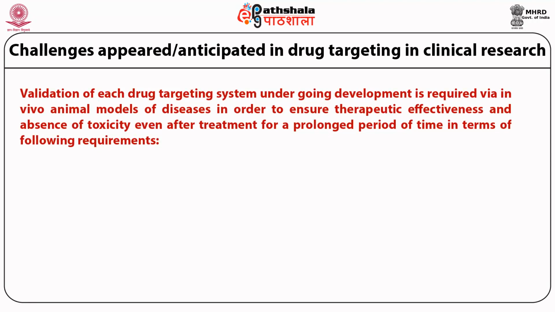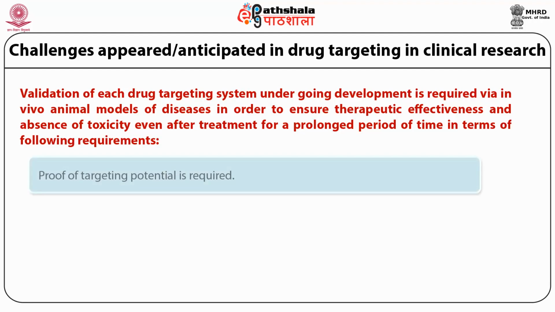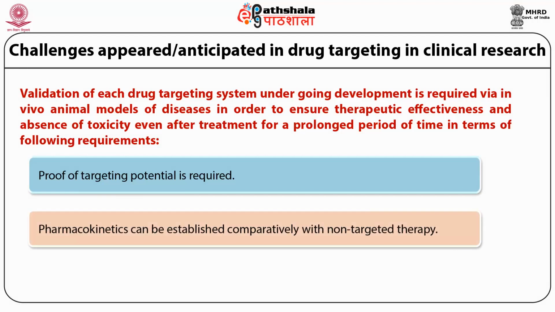Then validation of each drug targeting system undergoing development is required by in vivo animal models of disease in order to ensure their therapeutic effectiveness as well as absence of toxicity, even after treatment for prolonged periods of time. So in this case, proof of targeting should be there, and pharmacokinetics can be established comparatively with non-targeted therapy.